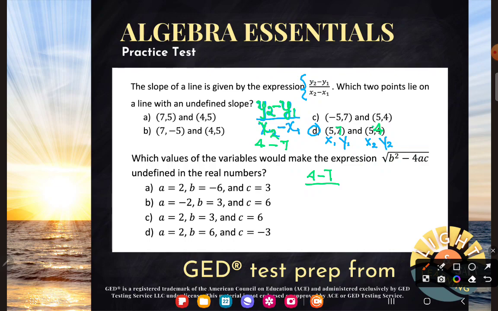The second x was 5, minus the first x. The first x is also 5. And then we see 4 minus 7 up top leaves us with negative 3. Yes, but negative 3 over 0, or divided by 0. We're not allowed to divide by 0. And so that is what makes this expression undefined. Basically, there's no answer.